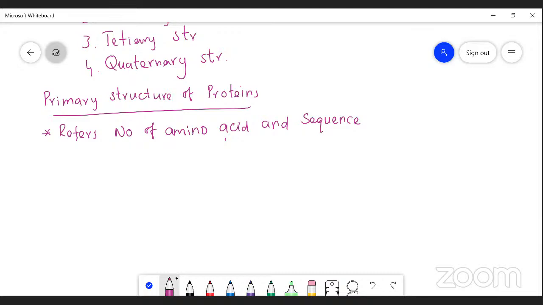If there is a small change in sequence, it will alter the overall structure and the biological function of the protein.